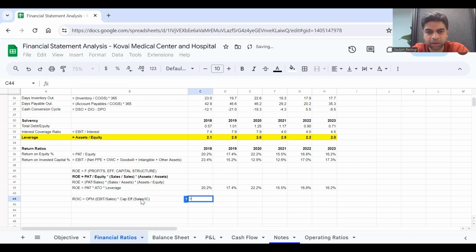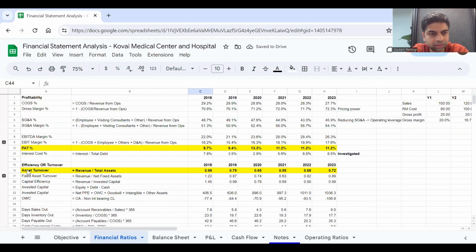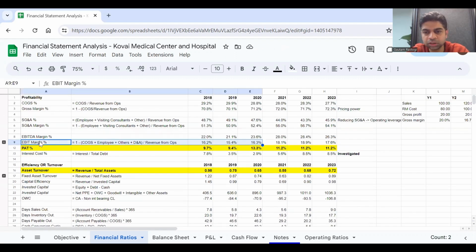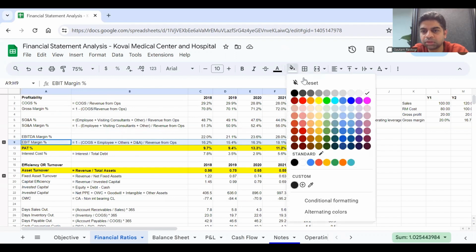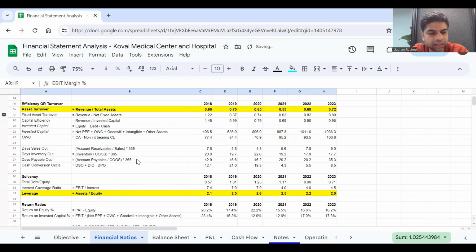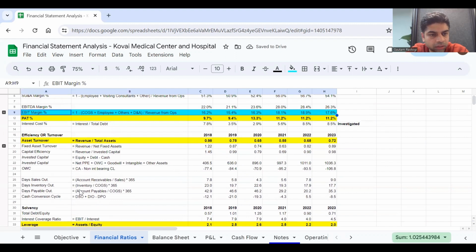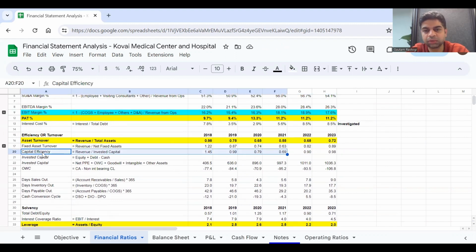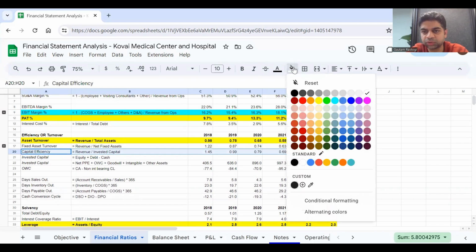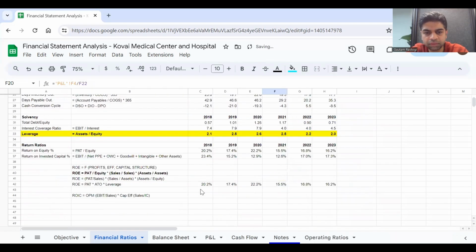So let's multiply the two things together. Those two things are your EBIT margin, and sales over invested capital, the capital efficiency, in a different color. We're going to multiply these two things together.